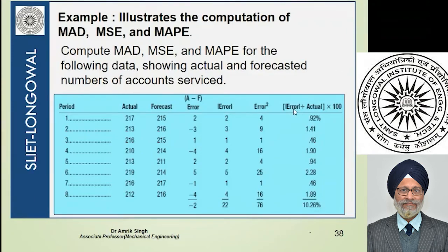Now you divide the mod of error by actual. Error is 2, divided by actual 217, multiplied by 100. Like that you take the sum, it is 10.26.